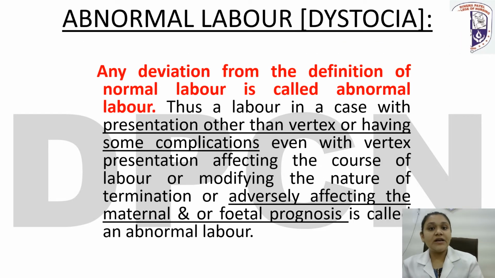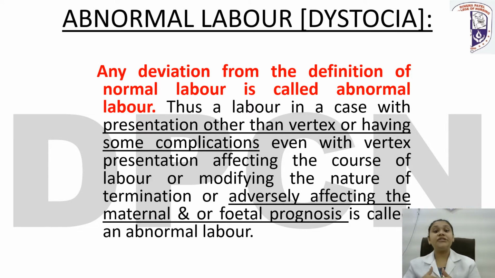So you have to see that. Another definition is abnormal labor, that is dystocia. Any deviation from the definition of normal labor is called abnormal labor. Thus, a labor with a presentation other than vertex, or having some complication even with vertex presentation. Presentation is there, but other than vertex, or vertex presentation is there but certain complications are also affecting the course of labor, right?